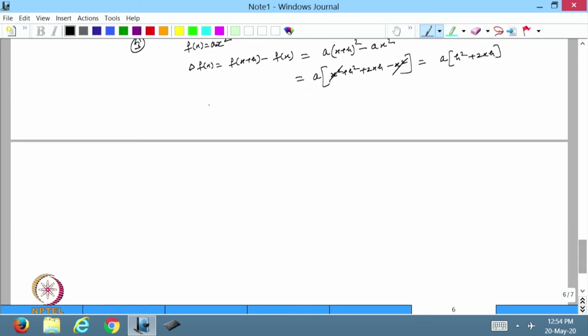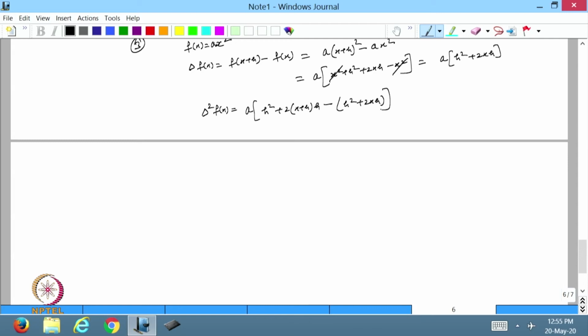Now, if I apply one more time on this one, what I will get? I will get a[(h square plus 2(x+h)h) minus (h square plus 2xh)].